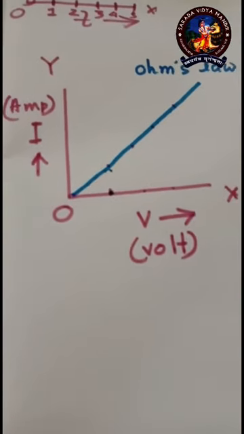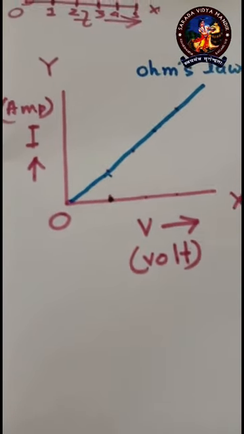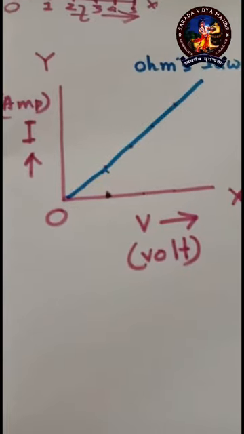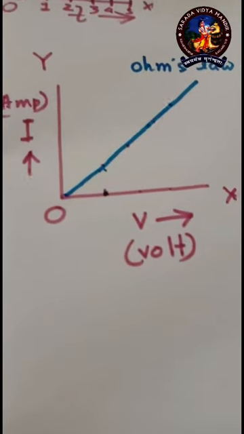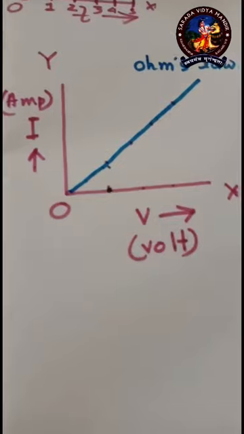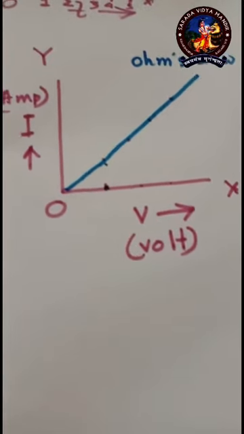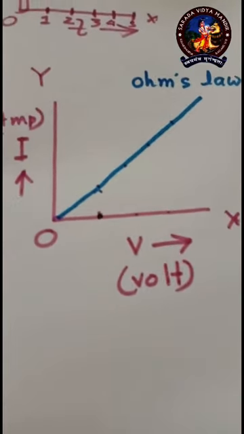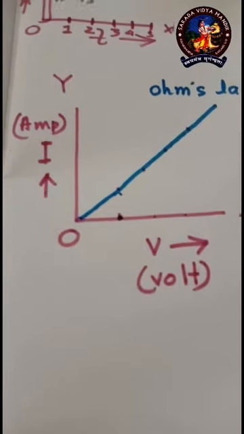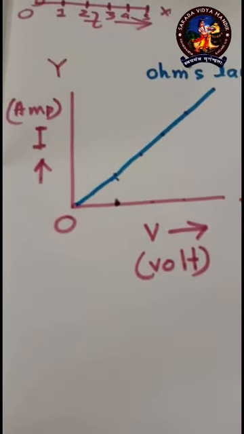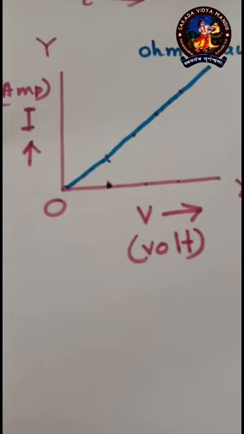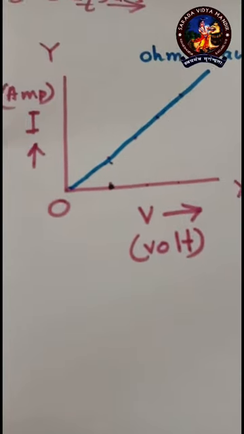So this is the graphical representation of Ohm's law. So how is it? It is just a straight line passing through the origin. So if the question is asked, how can we have the graphical representation of Ohm's law, our answer will be, it is just a straight line passing through the origin.